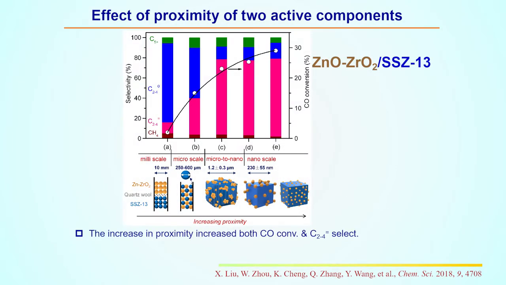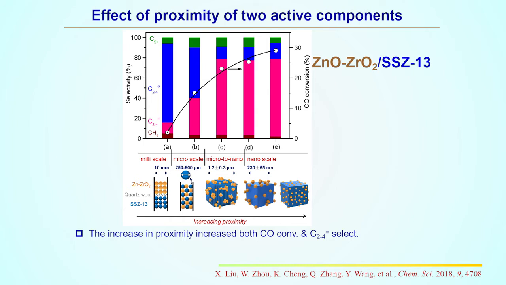We have further investigated the effect of the proximity of two active components. We clarified that the separation of the two components in two catalyst beds in one reactor only provided a very low CO conversion and lower olefin selectivity. The increase in the proximity increased the conversion of CO and the selectivity of lower olefins.